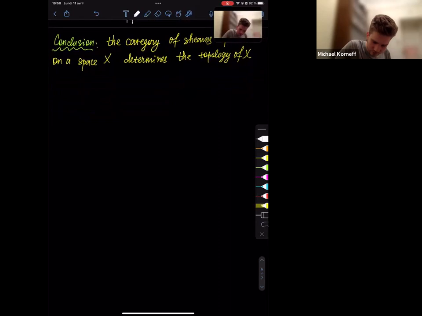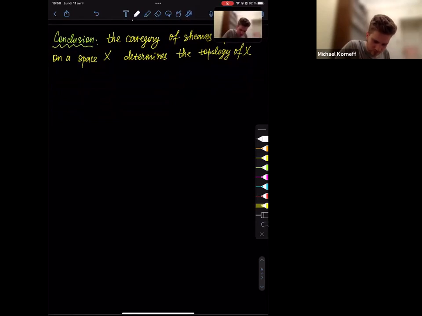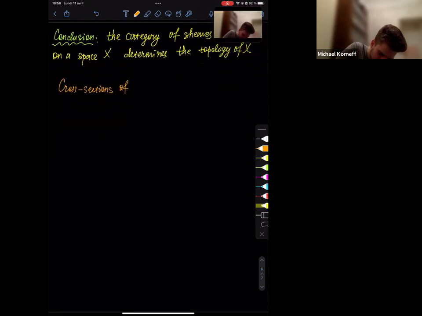Okay, cross sections of bundles and sheaves.